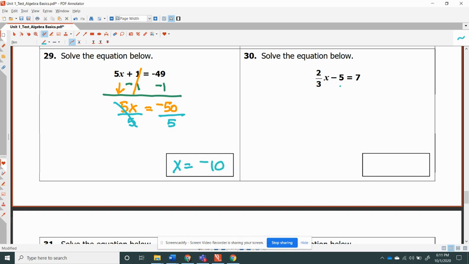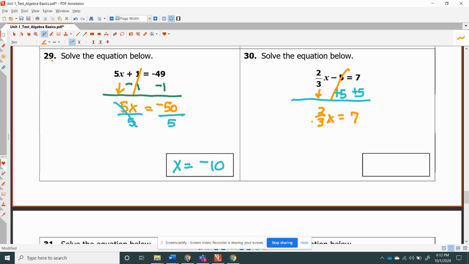Hey, this one looks pretty similar, but we're starting out with subtraction, so we're going to add 5 to both sides to keep the scales of algebra justice in balance. Negative 5 plus 5 makes 0, and bring down my 2/3 x equals 7.